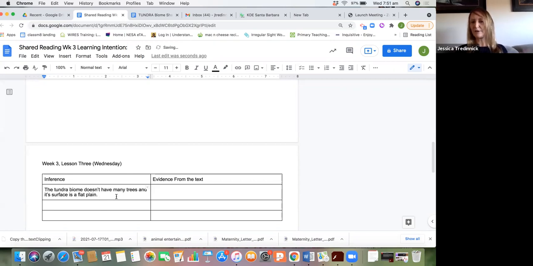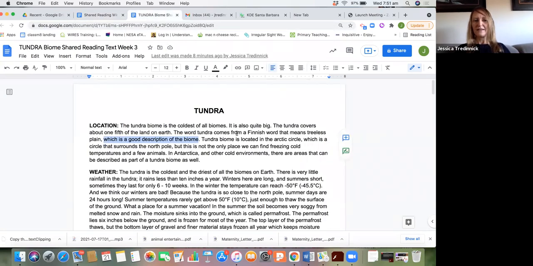See how I'm editing my writing as I go too? That's just making sure it makes sense. The tundra biome doesn't have many trees and its surface is a flat plain. Now, my evidence, the text didn't actually say that. It said something like it. It said that tundra comes from a Finnish word that means treeless plain, which is a good description of the biome.